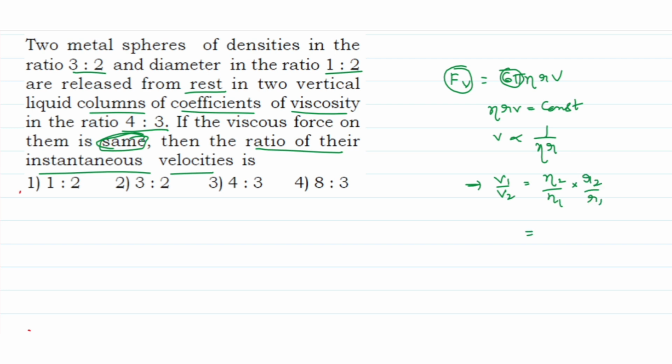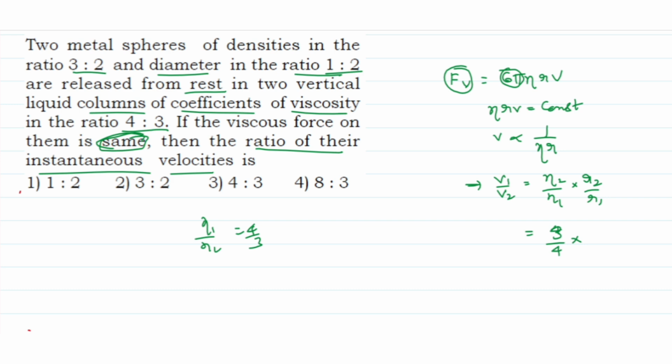For the coefficient of viscosity, the ratio eta 1 by eta 2 is given as 4:3, but we require eta 2 by eta 1, which you can write as 3 by 4, into the ratio of the radii. Here the diameters ratio is given as 1:2.